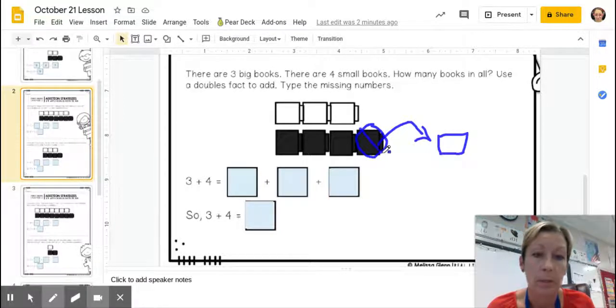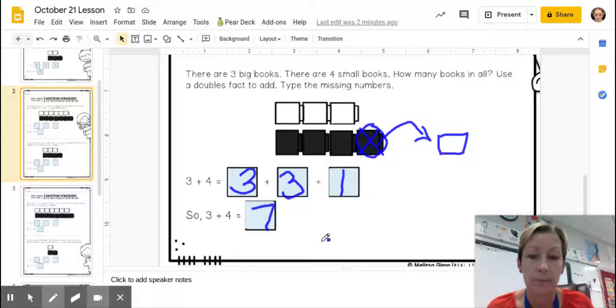But we're not going to forget it. So now I have 3 plus 3 plus what? 1 more. So I use my double to add. 3 plus 3 is 6. 1 more makes 7. Okay, do you see how I'm taking apart the second number? Doubling the first number, and then just adding 1 more.